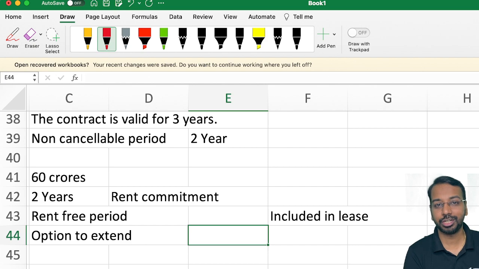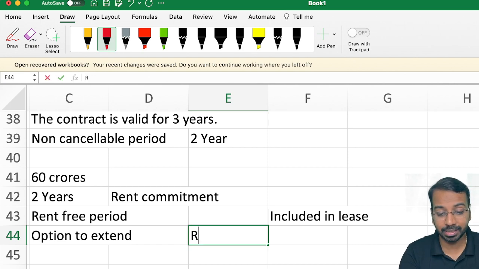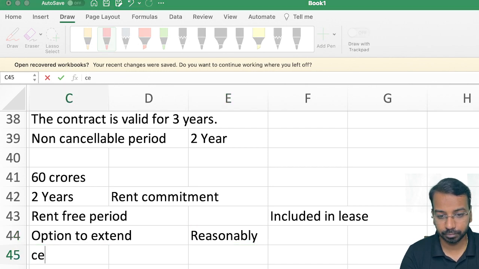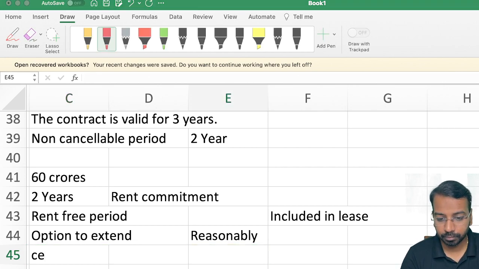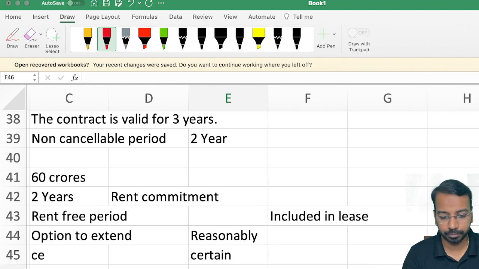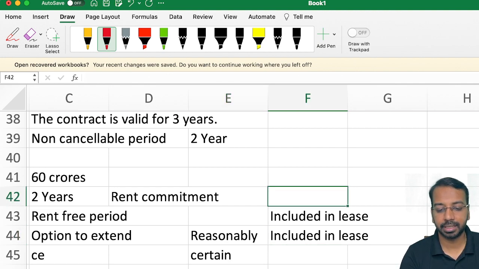So, when I say the lessee has the option, the lessee has the right. The lessee says, I want to extend the contract. The lessor has to agree. And if there is an option to extend which is reasonably certain, then we will include it in the lease term.